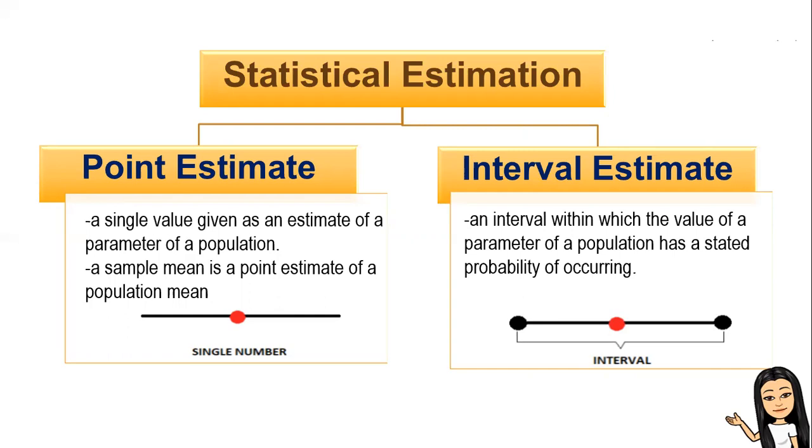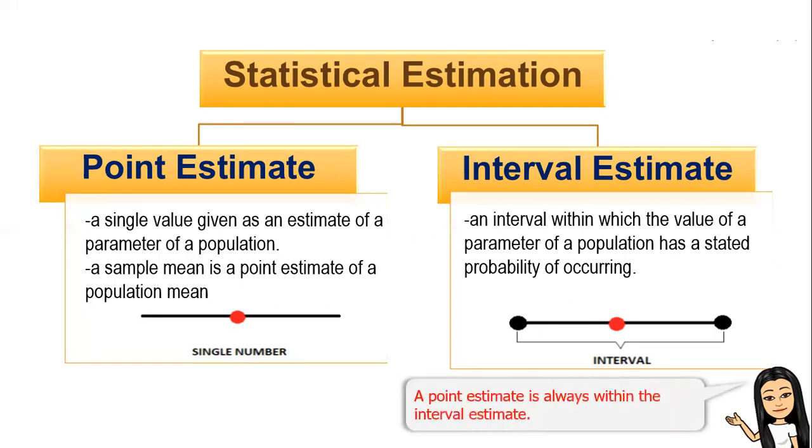It's a single number. However, if you have your interval estimate, it is an interval within which the value of a parameter of a population has a stated probability of occurring. And always remember that a point estimate is always within the interval estimate.